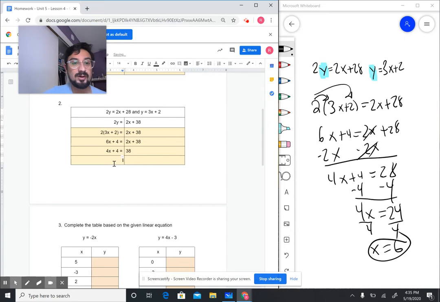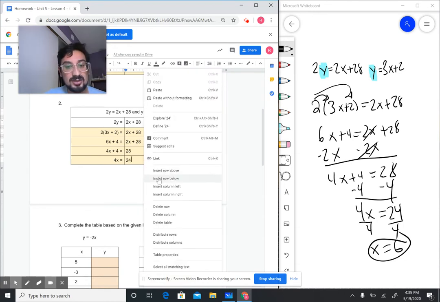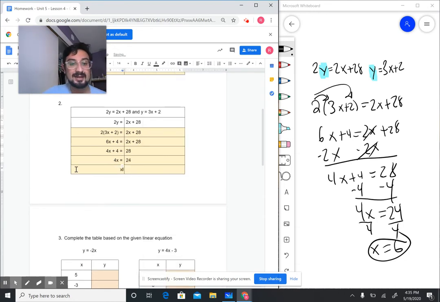Subtract 4 on both sides. I'll change that to 28. And then subtract 4 on both sides, so 4x is equal to 24. I need one more slot, so I'm going to hit insert row below. And x is going to be divided by 4, x equals 6. Okay, so that's how you solve this one.